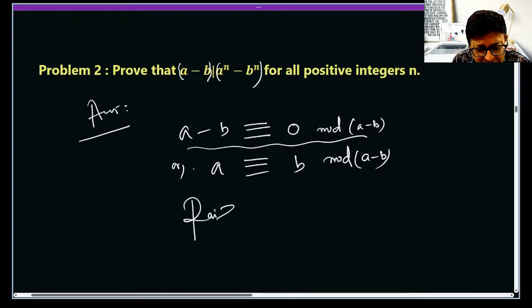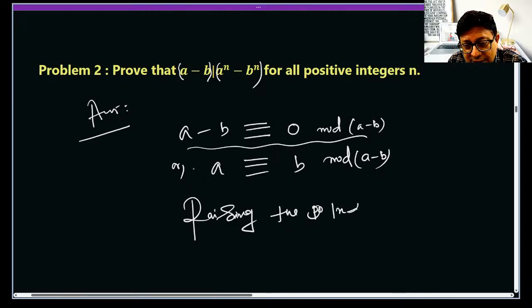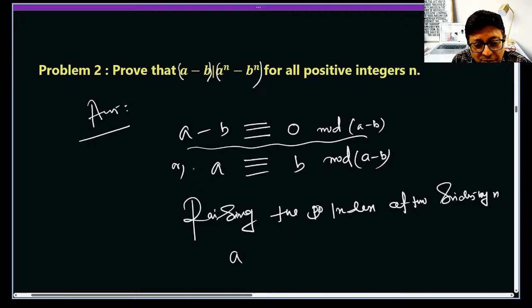Now, raising the index of two sides by n, what do you get?